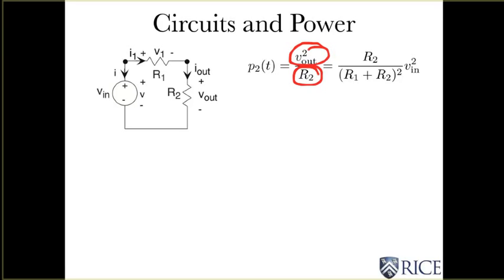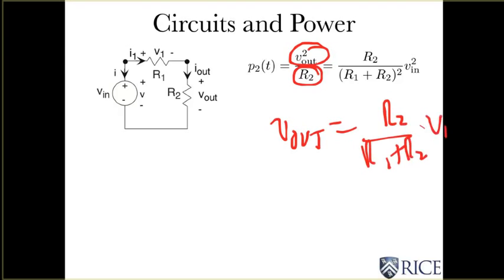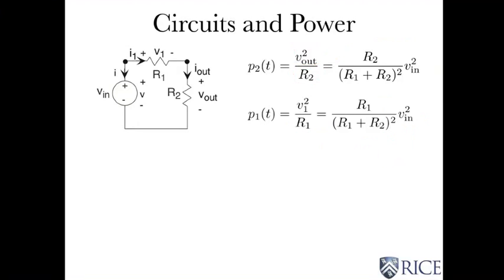So what we get is that the output voltage, just to remind you, was R2 over R1 plus R2 times Vn. So you square that and divide by R2, you get that. And similarly, the power dissipated across resistor 1 is given by a similar expression where R2 is replaced by R1.